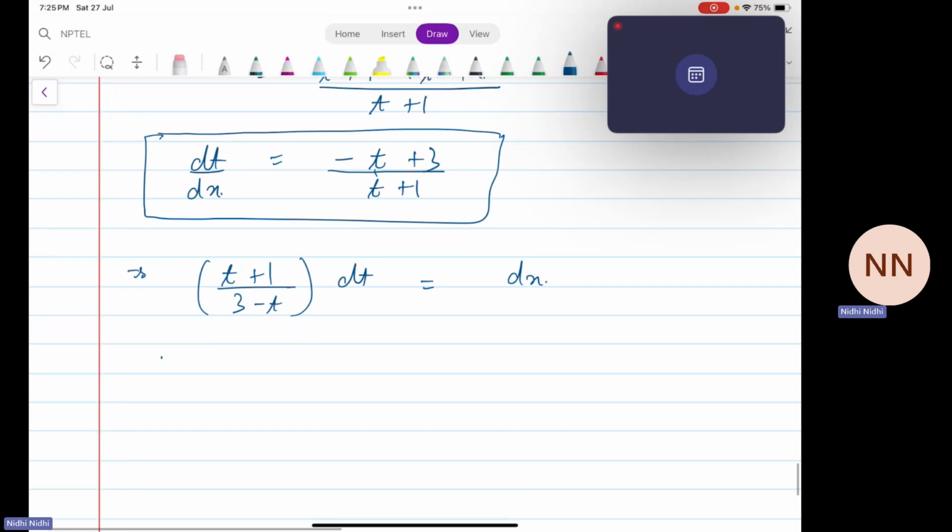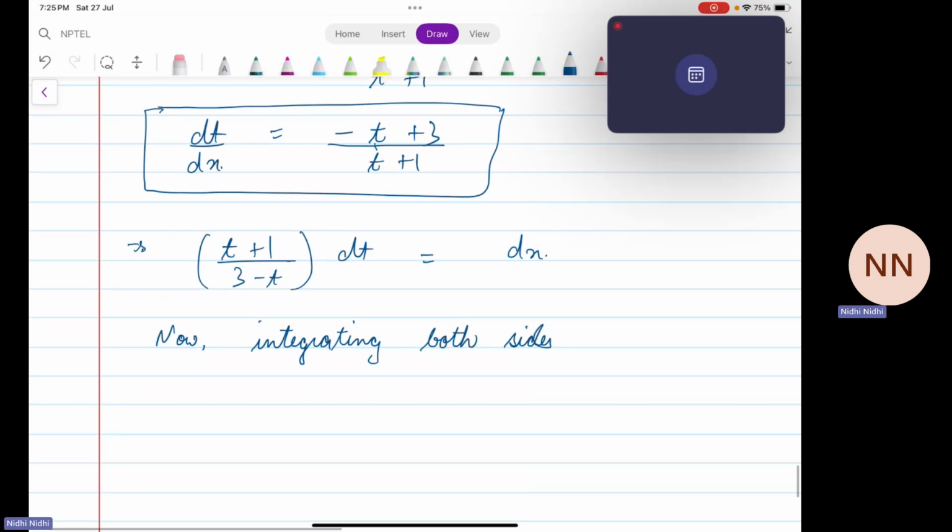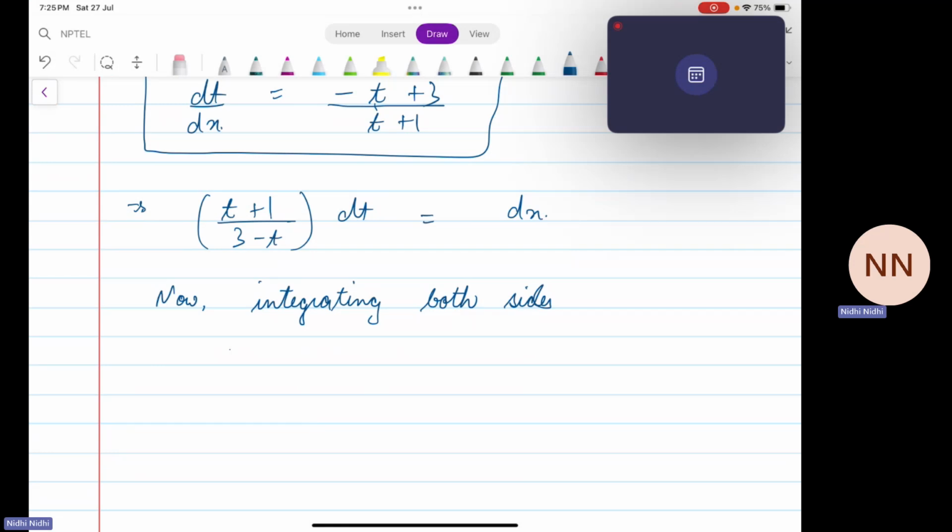Now integrating both sides, we get integral t plus 1 upon 3 minus t dt is equal to integral dx.